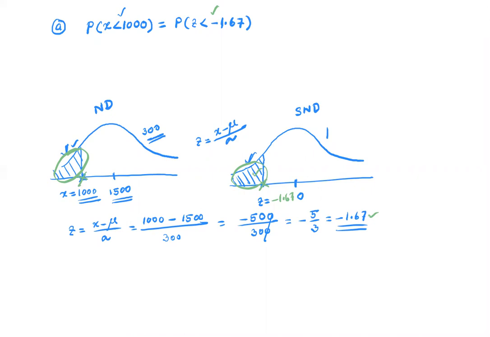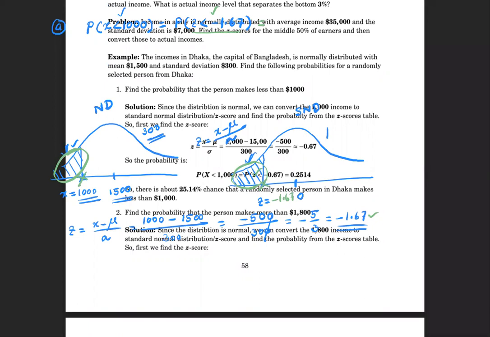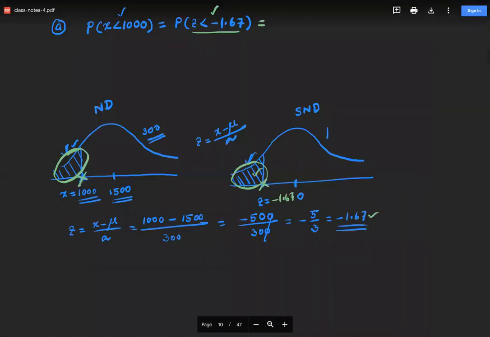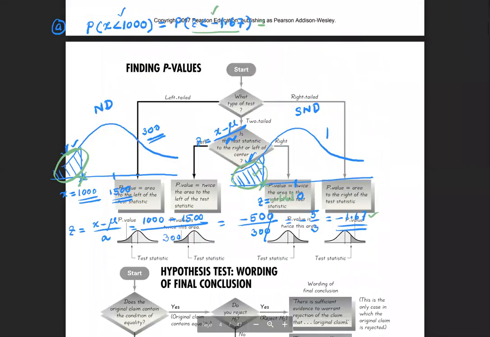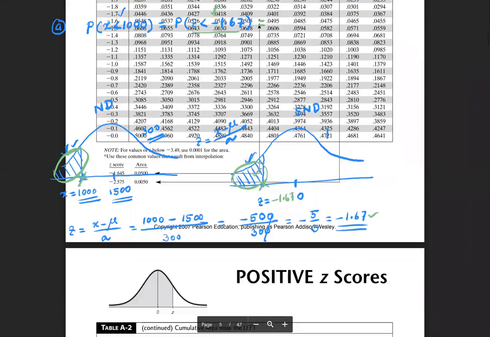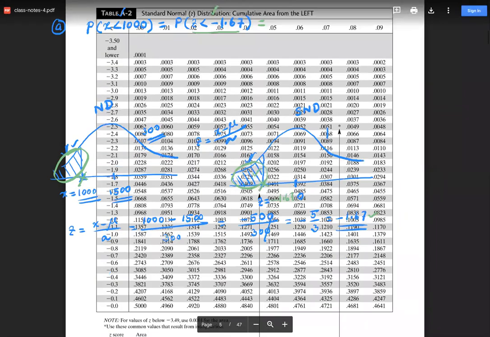So we are going to find it from the table. Now this time you are given the z value. We are saying that z is less than negative 1.67. Now let's go back to the table. This time we are going to look for z negative 1.67. So let's look at this table.